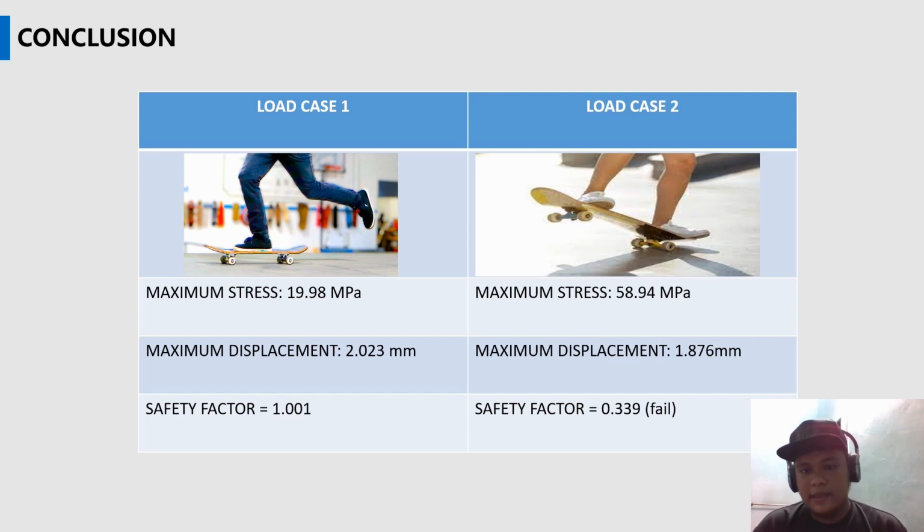Based on research, new materials have been integrated into the deck, especially fiberglass and Kevlar fiber. By integrating these materials into the deck, the impact force can be distributed evenly, so the deck can last longer and can support higher load compared to the conventional deck.